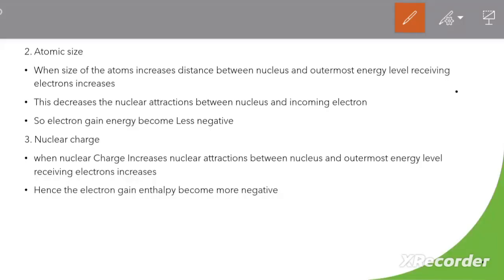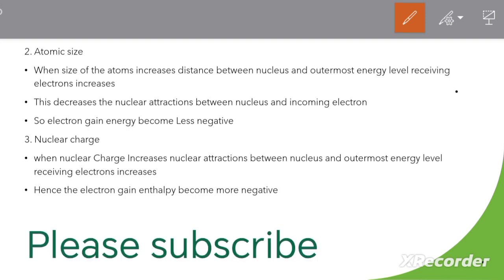Then there is nuclear charge. When nuclear charge increases, nuclear attractions between the nucleus and the outermost energy level receiving electrons increase. You have learned about these things in previous videos, so I am not going to elaborate. Just remember that when the nuclear charge increases, the Zeff value increases, and the nuclear attractions increase.